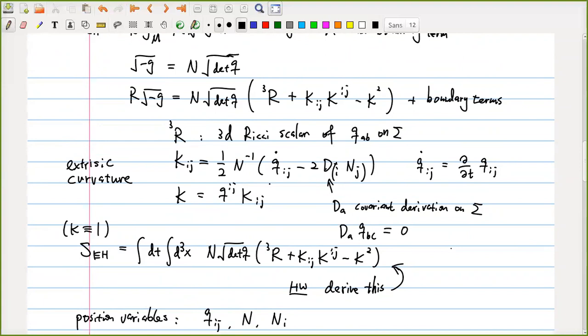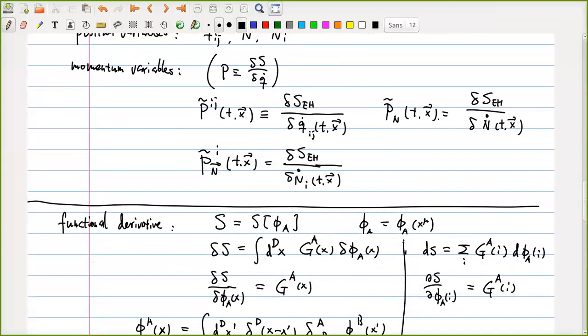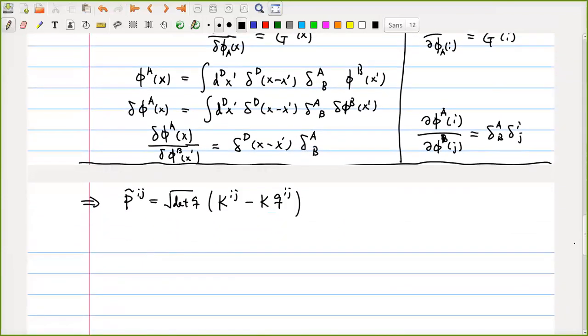And Kij depends on n, but only through spatial derivatives, no time derivative, and K is just the trace of Kij. So there is no n dot. It only depends on n and the spatial derivative of nj, with no n dot and nj dot. So the momentum for n, the lapse, and the momentum for the shift vector are actually 0. So p twiddle n equals 0, and p twiddle i for the vector n equals 0 as well. So we got those momenta.